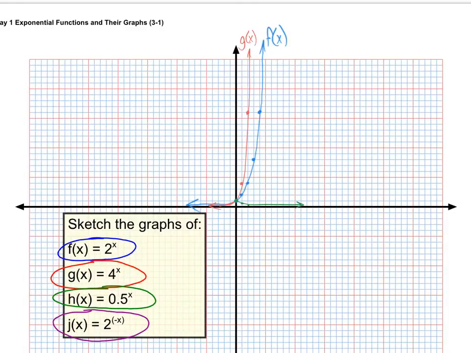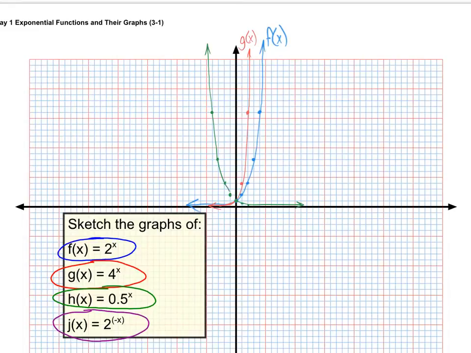And on the left side, 1/2 to the negative 1 power is how much? 2. And 1/2 to the negative 2 power is 4, okay? So what do you notice about this graph? Same thing, the opposite side. It's the same as f, but it's on the opposite side.